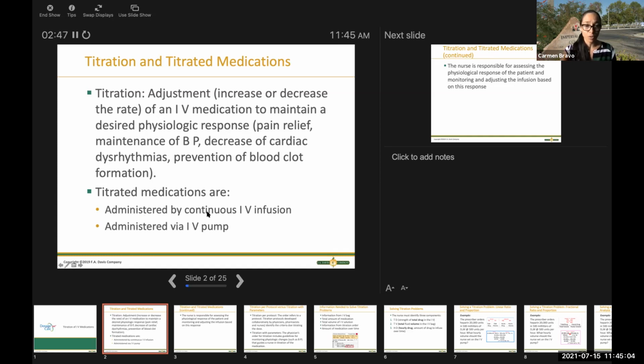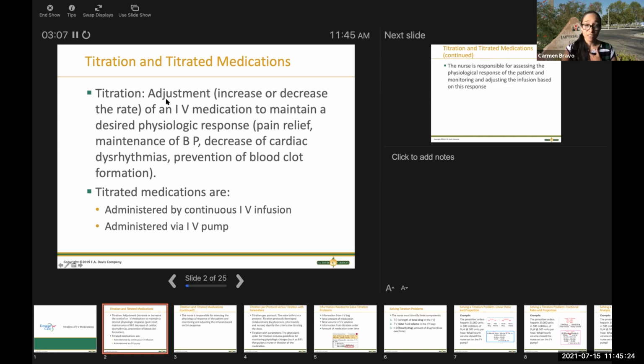So we have to titrate medications, and this type of medication that we titrate is either by continuous infusion, in the pump, or something that we would end up administering to our patients. So we are very responsible for assessing and checking our patients.